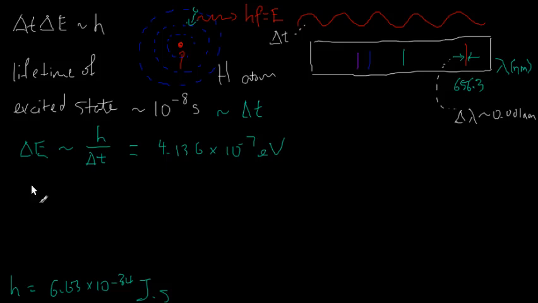And from this wavelength, we can also find the energy if we want. Okay, so the energy would be hf, and we know that f is c over lambda.